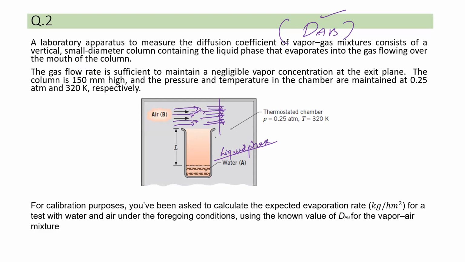The column is 150 mm high. The pressure and temperature in the chamber are maintained at 0.25 atmosphere and 320 Kelvin. So these are the inside conditions.